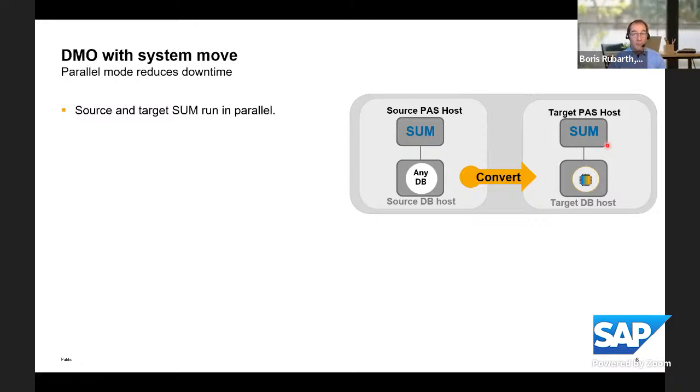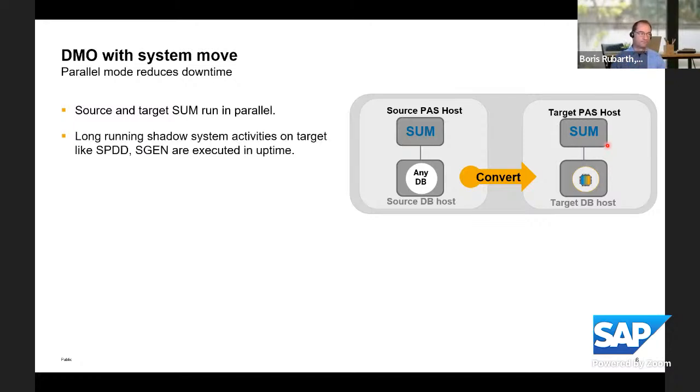With the parallel mode, as the name says, we have the opportunity to have both software update managers running in parallel. And that only will allow a short downtime for this approach. That is especially important since on the target environment, there are specific phases, specific activities that the software update manager will execute.